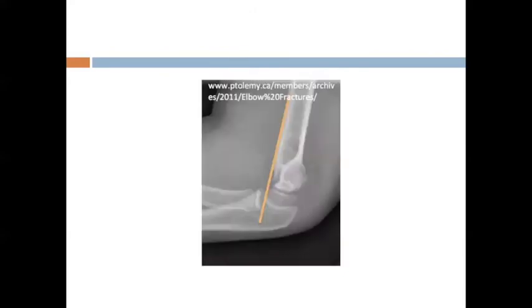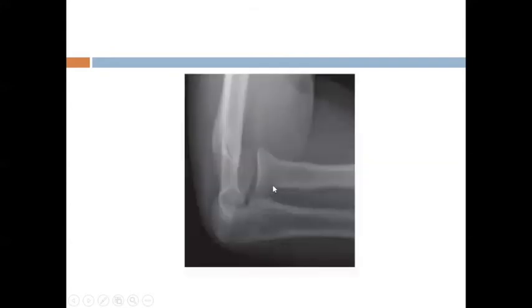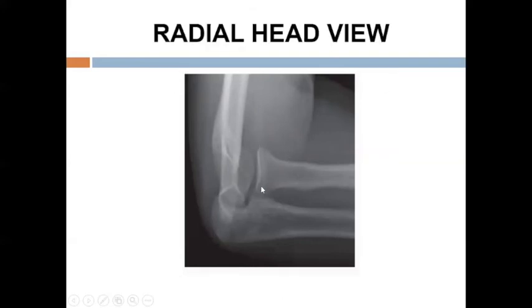the ossification centers. Here we can see that the anterior humeral line is not intersecting the anterior 1/3 of the capitulum, so in this particular case there is a fracture. Actually, this is a special view to check whether there is a fracture of the head of the radius.